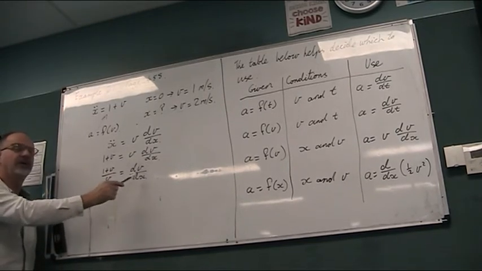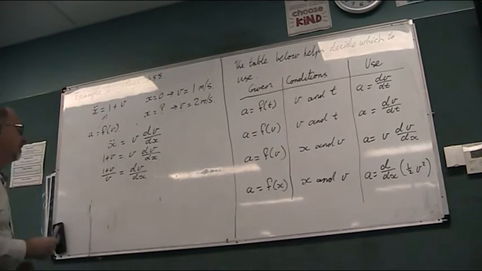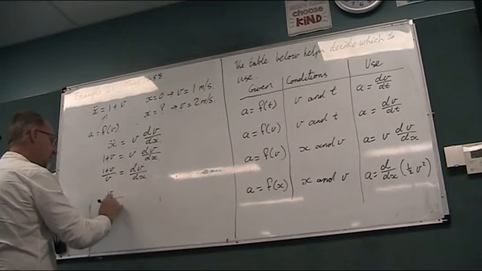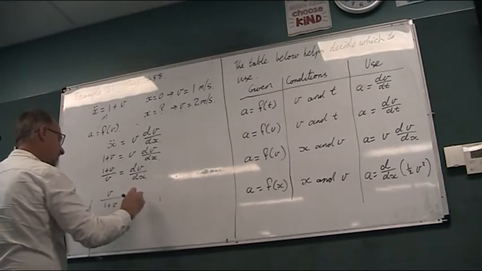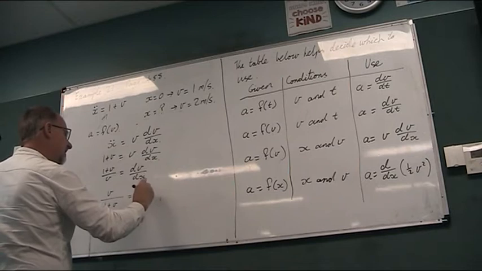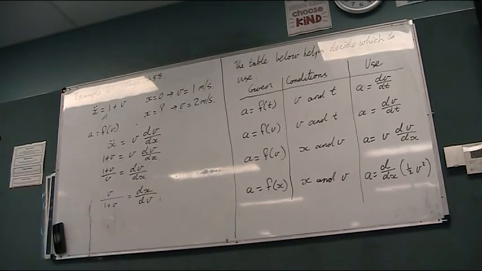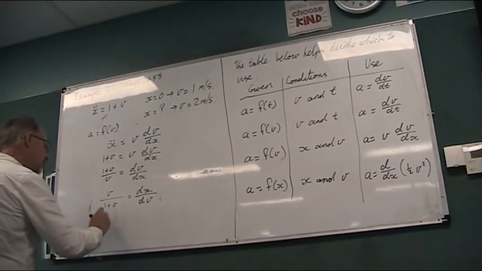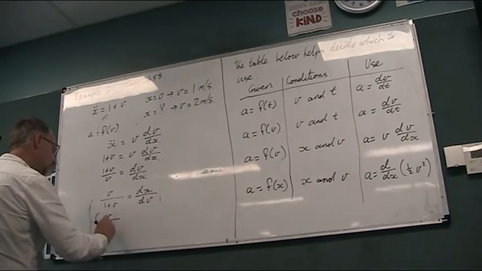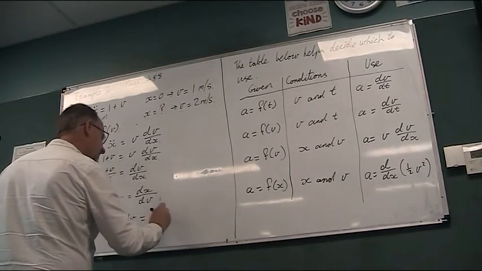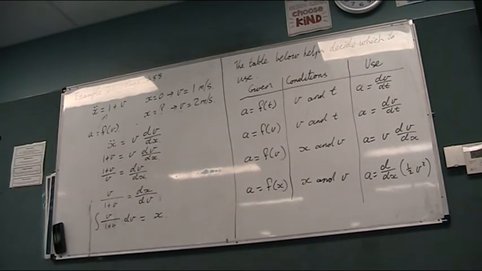So what do we do with this? Flip it, yep. So we flip it, so then v over 1 plus v, I should say, is dx on dv. And so now we can anti-differentiate both sides with respect to velocity, and that will tell us the position.